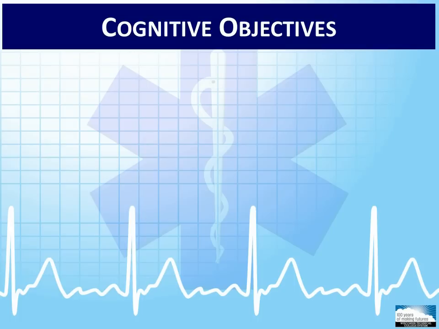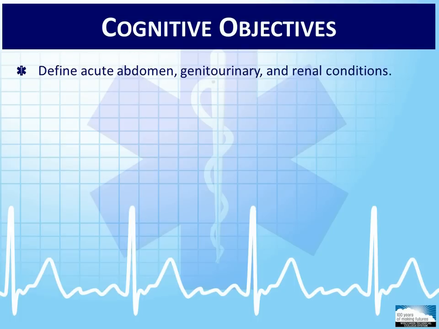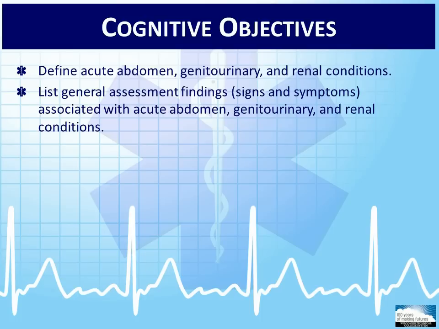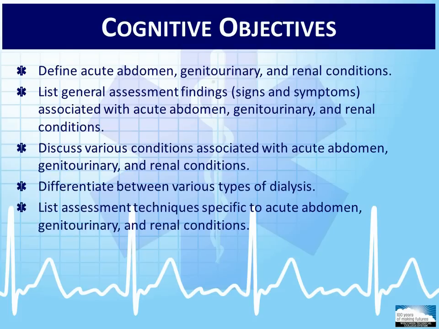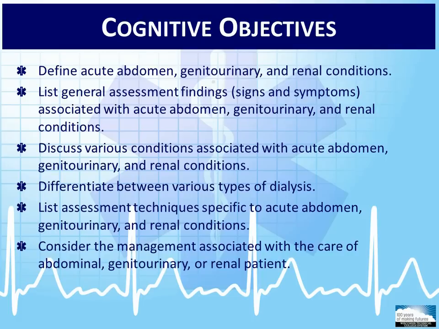Once completed with this module, you should be able to define acute abdomen, genitourinary, and renal conditions, list general assessment findings, signs, and symptoms associated with acute abdomen, genitourinary, and renal conditions, discuss various conditions associated with acute abdomen, genitourinary, and renal conditions, differentiate between various types of dialysis, list assessment techniques specific to acute abdomen, genitourinary, and renal conditions, and consider the management associated with caring for patients presenting with abdominal, genitourinary, or renal conditions.